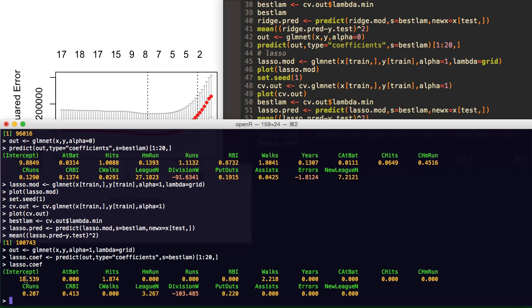If you recall, I mentioned the other day Occam's Razor and the notion that a parsimonious model is to be preferred if two models are similar. That was in the context of the one standard error rule, where if the most parsimonious model is less than one standard error away, which I don't know that it is here, then use it.